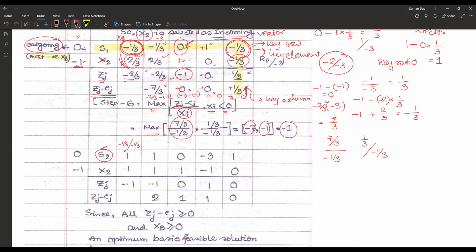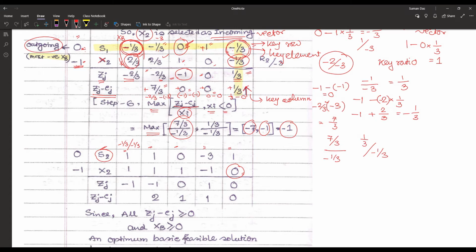Minus 1 by 3 divided by minus 1 by 3, result is 1. 0 by minus 1 by 3, result is 0. 1 by minus 1 by 3, result is minus 3, and the last one must be 1. And we all know, according to the simplex, that we have to calculate that value as 0.